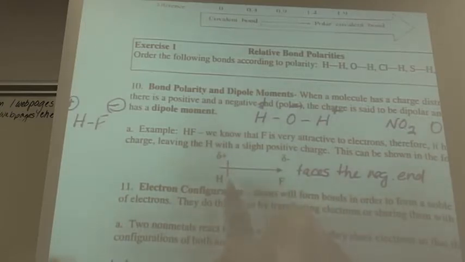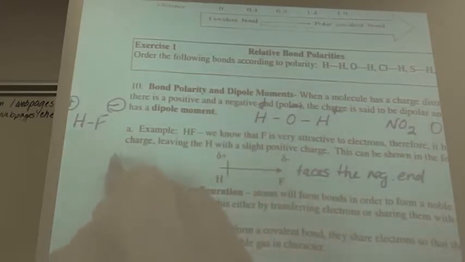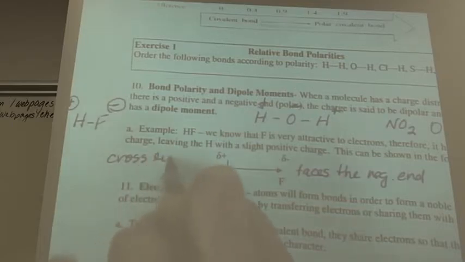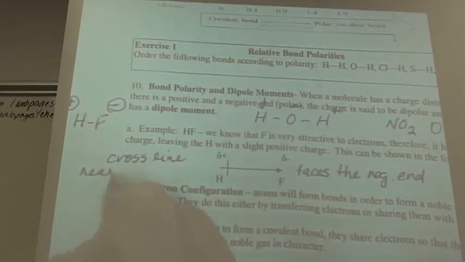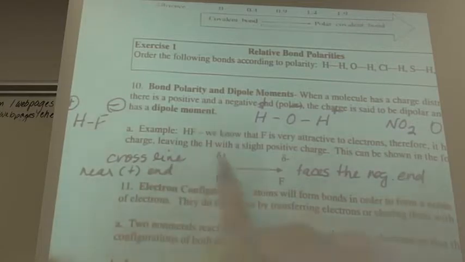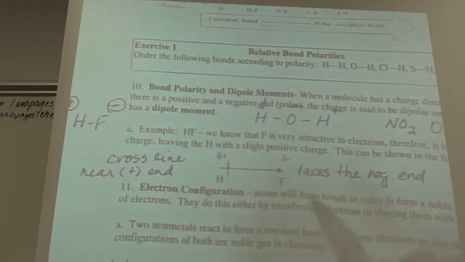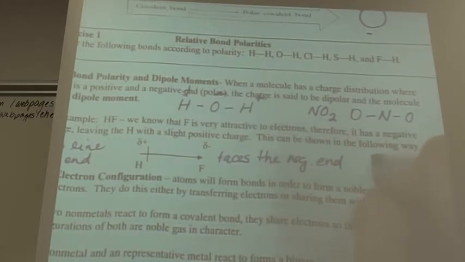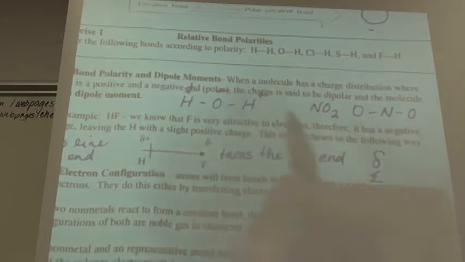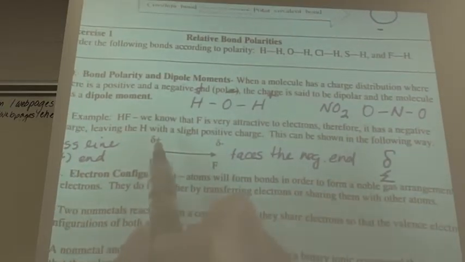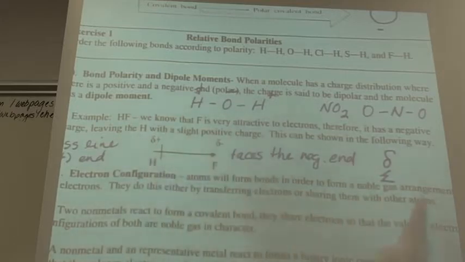The cross line is near the positive end. Then you use these symbols to denote whether the end has a slightly positive charge or a slightly negative charge. That symbol is the lowercase sigma. The uppercase sigma is different, and that's the lowercase sigma. It's just by convention that we use sigma to reflect the charge and what side it is.